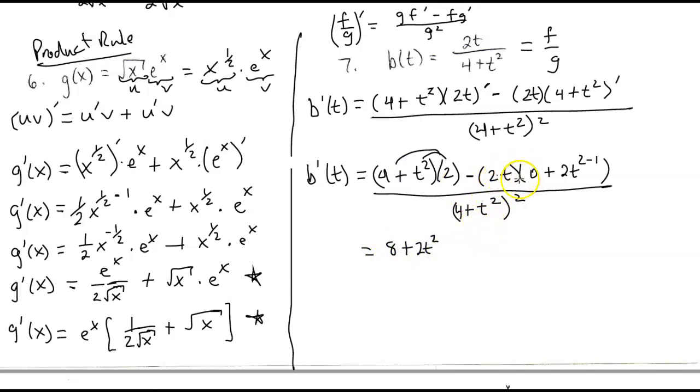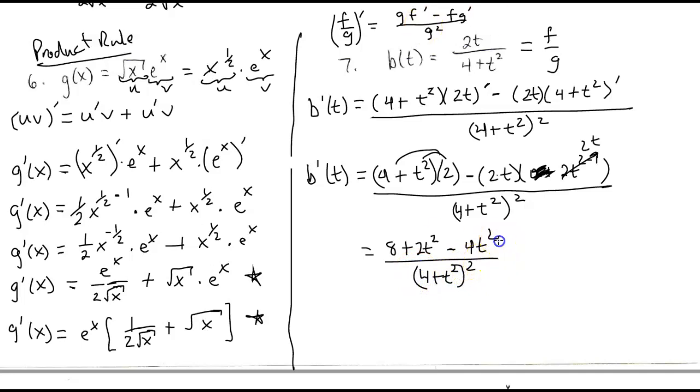And here this would be just a minus 2t times 2t, basically, because this is just 2t. And this is 0 here, so we can ignore that. So it's just 2t times 2t, which will be 4t squared. And all that over 4 plus t squared, quantity squared.